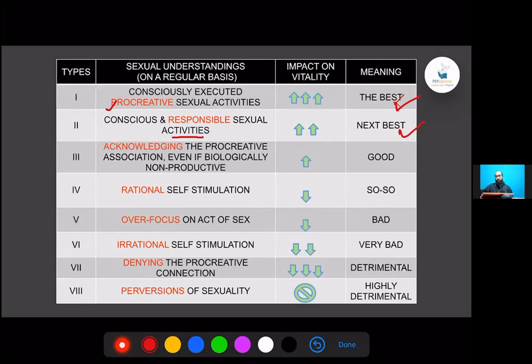So for example, the lesbian couples, if they have responsible partnership and executed sexual activities, it is relaxing. The third point, acknowledging the procreative association, even if biologically non-productive. So the straight partners, male-female partners, but not procreative.